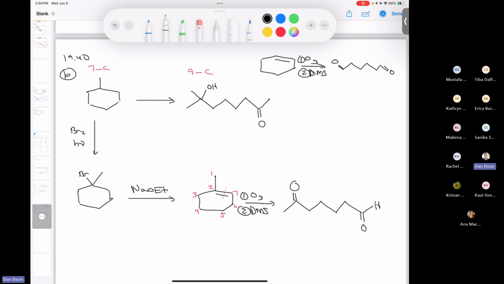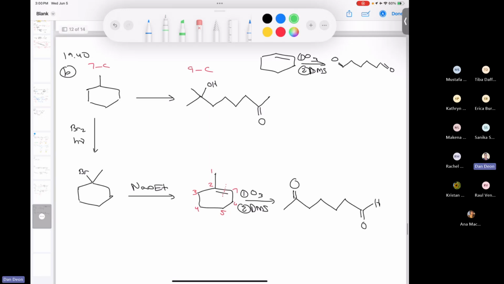So now if I think about taking this group and getting to here, and if I think about this group and getting to here, what do they both involve? They both involve the addition of methyl magnesium bromide, right? Because that's going to add my 2 methyl groups. If I had excess methyl magnesium bromide and then I protonate, where the blue circle is, I'm going to end up with the tertiary alcohol.